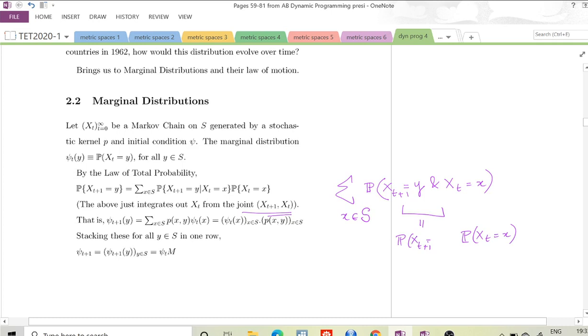Because the conditional, being Markov, has this very simple form, according to the stochastic kernel, it is just a probability number that doesn't depend on history any deeper than at time t, right? So the probability xt plus 1 is equal to y is this sum over all possible x's. It's this.